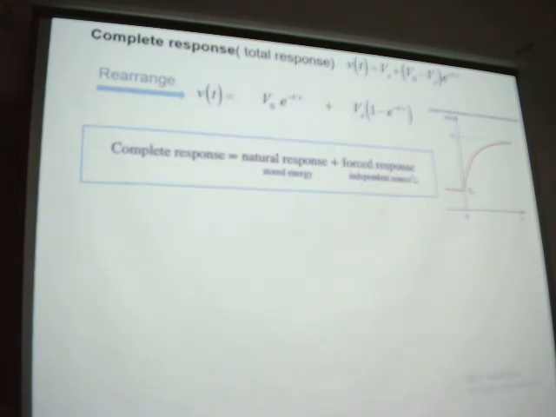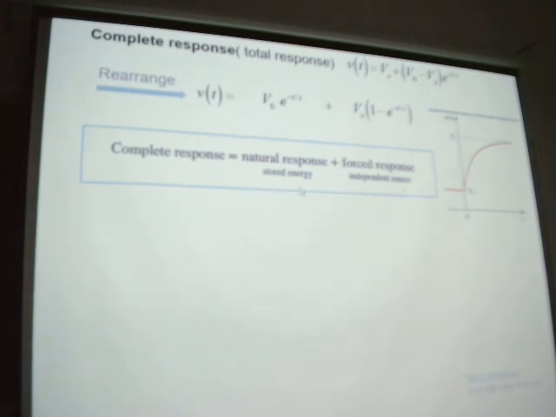The second part is the forced response. For the forced response, we set all of the storage elements to 0, and we calculate the response of the independent source working alone.